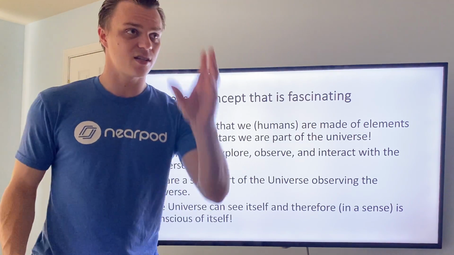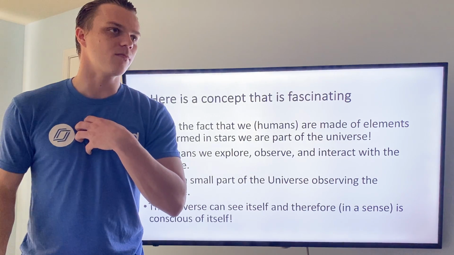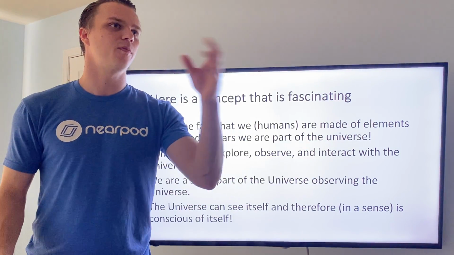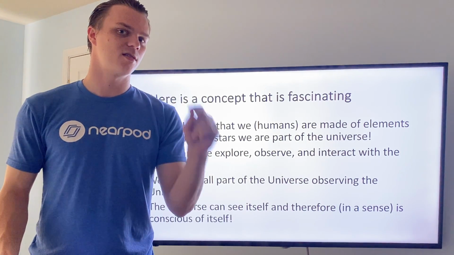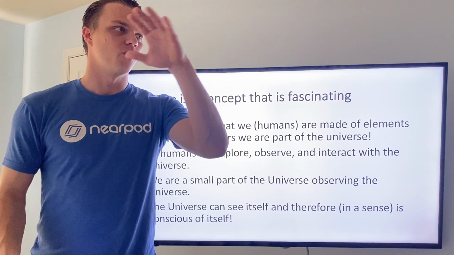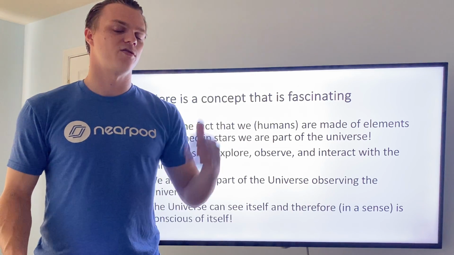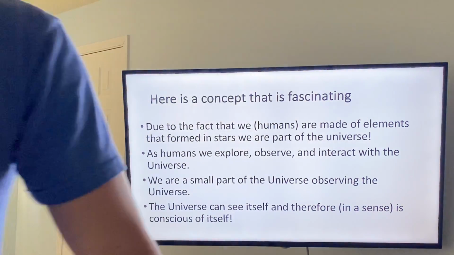But if the universe is made of matter, and we're made of matter, then we can see the universe. And since we are part of the universe, that means the universe can see itself. It's just crazy. All right, crazy stuff. Okay. Take it easy. Enjoy.